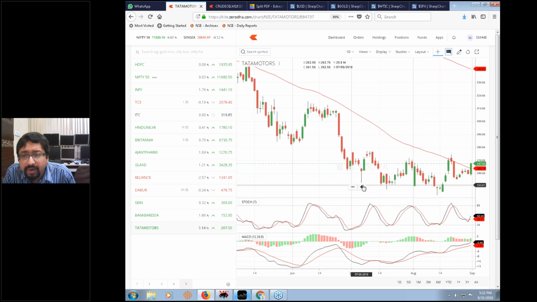So going forward, if the 250 region is not broken, this bottom may hold.